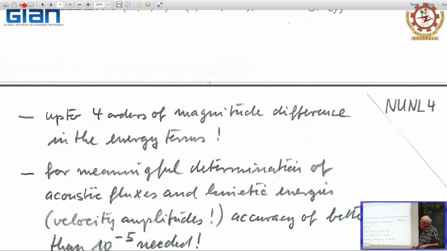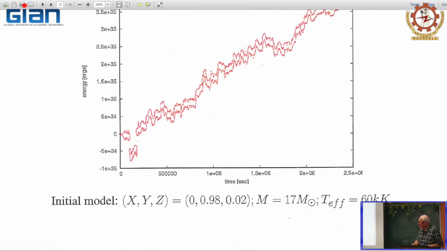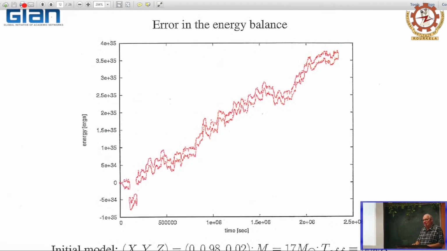So that means we have to be very accurate in the determination of the energies. And what we have shown here is that actually the error here is 10 to 35. So this is 6 orders of magnitude smaller than the smallest energy.